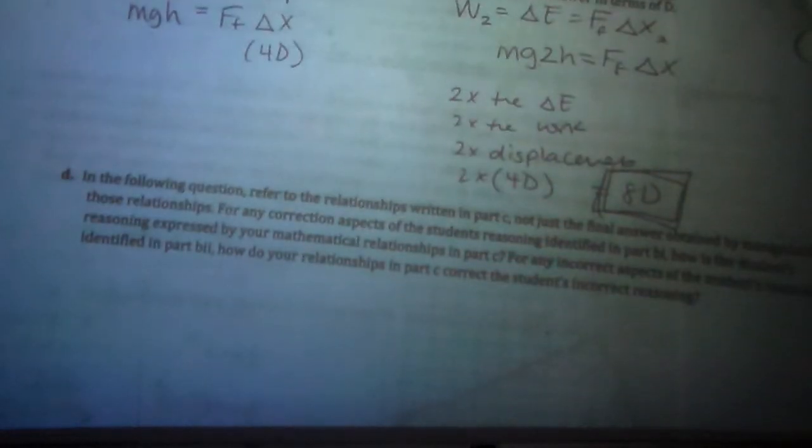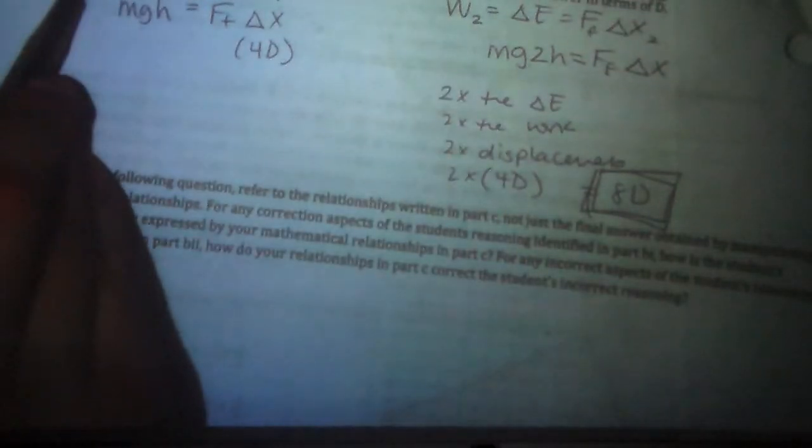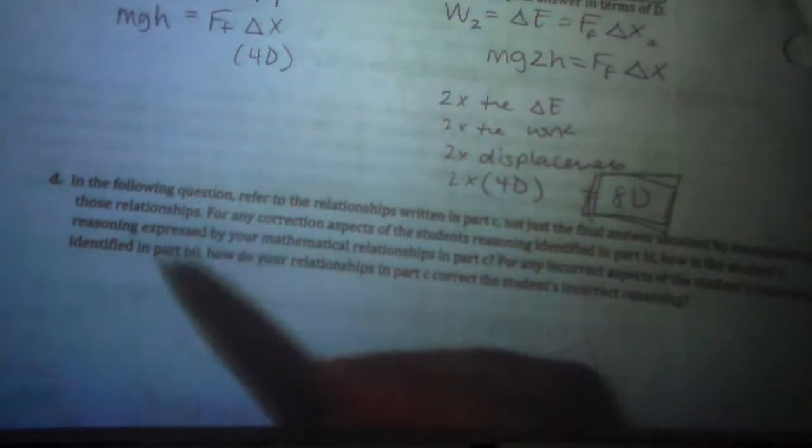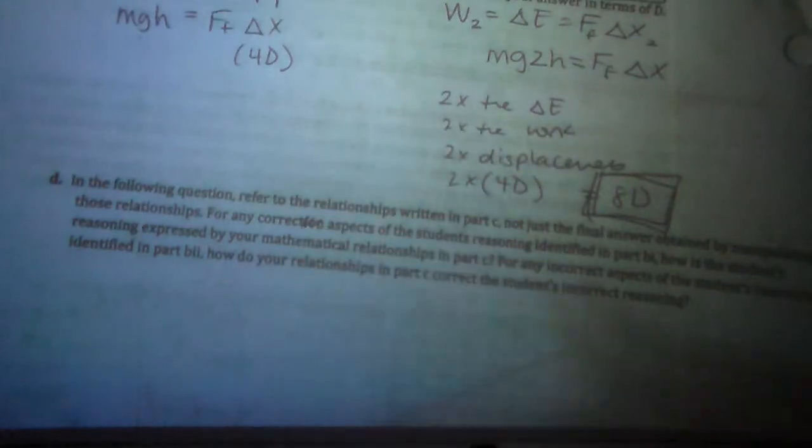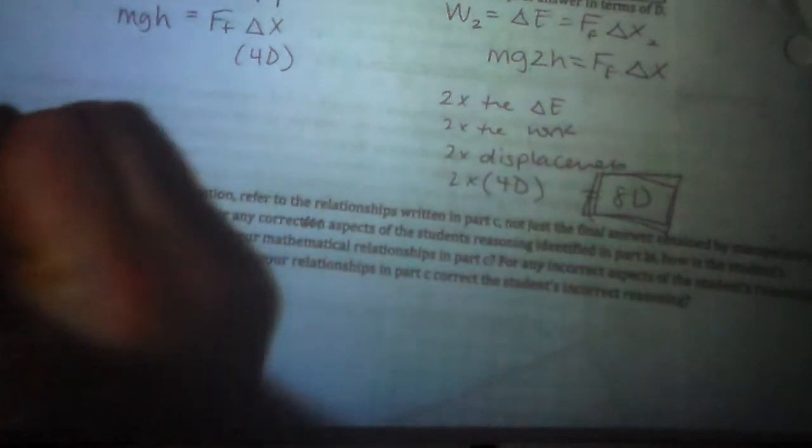In the following question, refer to any relationships that I wrote in part C, not just the final answer. For any correction, I think that was supposed to be correct aspects of the student's reasoning, identify in part B1, how is the student's reasoning expressed in your mathematical relationships in part 2, and what is incorrect in part B. So for correct, we said that twice the height would be twice the energy.